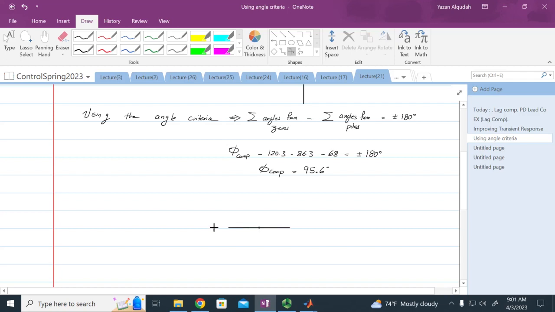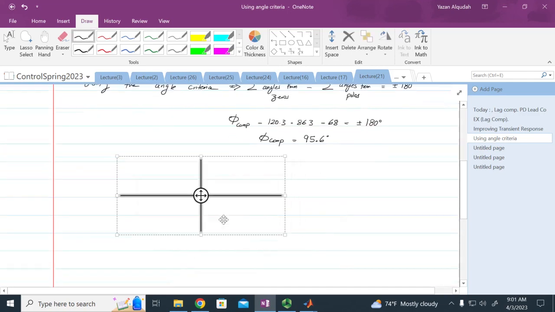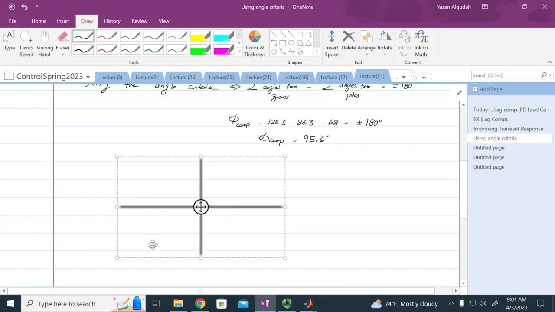So I am operating at this point here, at negative 3.63 and 6.19, and I want a zero to give me 95.6 degrees.